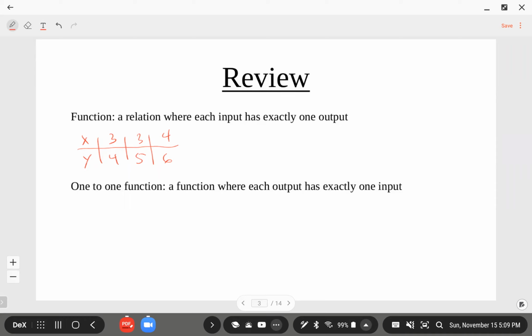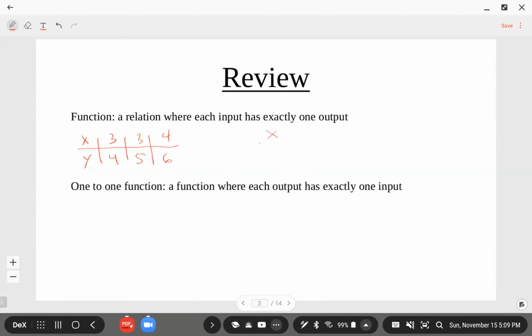But 3 maps to 2 outputs. And you see in the definition here, each input has to have exactly one output. Here, 3 has 2 outputs. That is why this relation is not a function.